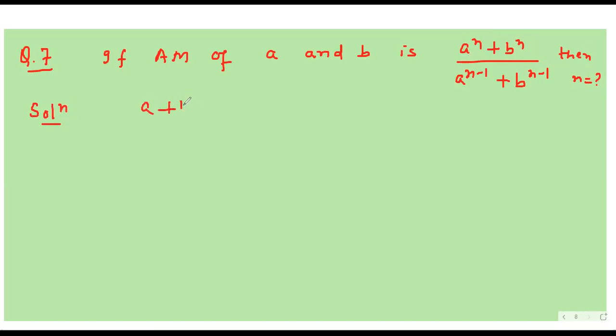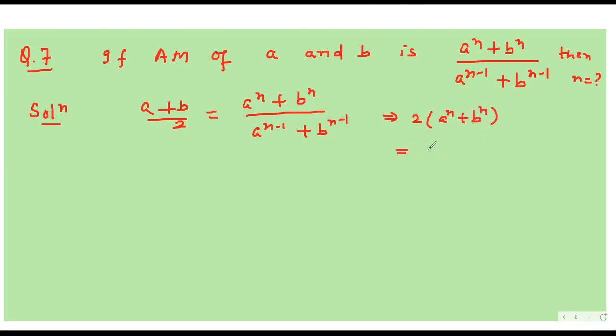The arithmetic mean between a and b, (a + b)/2, equals the given (a^n + b^n)/(a^(n-1) + b^(n-1)). We cross multiply, so we get 2(a^n + b^n) = (a + b)(a^(n-1) + b^(n-1)).